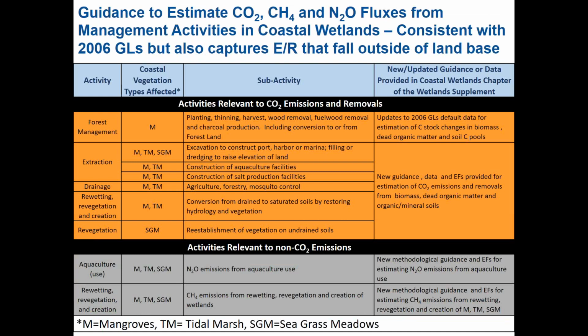And also just revegetation activities under undrained soil conditions. And the non-CO2 activities, as I mentioned, N2O emissions from aquaculture, as well as methane emissions associated with the revegetation, rewetting, and creation of tidal wetlands. And so we'll be looking at several of these as we delve into the US inventory.